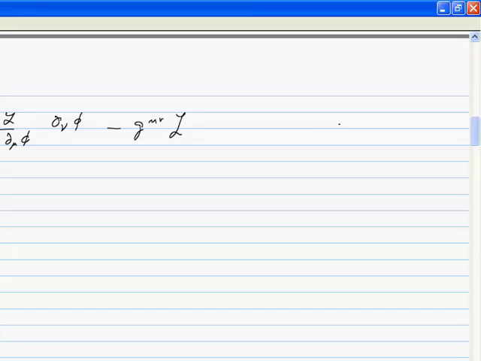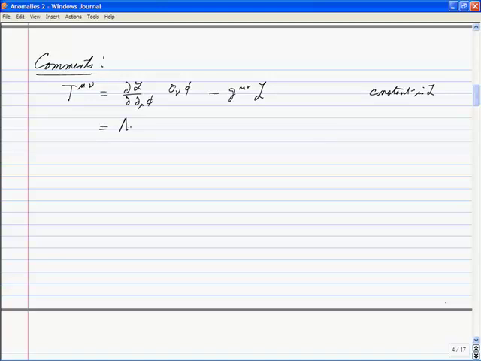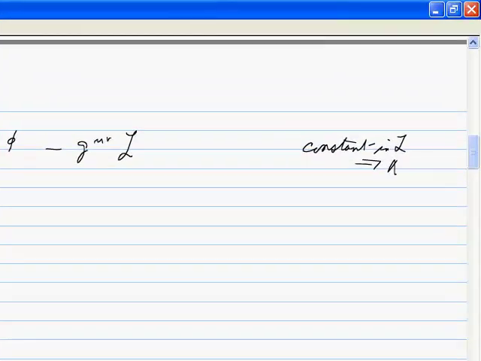So if you add a constant in L, there can be a term lambda g^μν. For many things we just drop that, but in gravity, that's the source term for the Einstein equations.